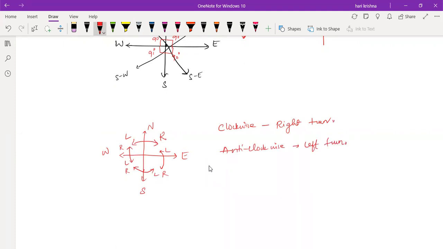If you are going from the south direction, and if you want to move the left, that means you are moving in the anti-clockwise direction, right? So if you're coming towards the south, and if you check for the left, you have to go in the anti-clockwise direction, not in the clockwise, because south direction is below arrow. If you take the left now, according to this, that is a anti-clockwise. If you take right, that is a clockwise.